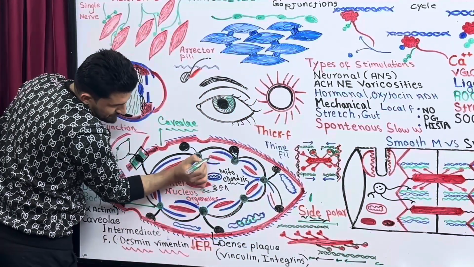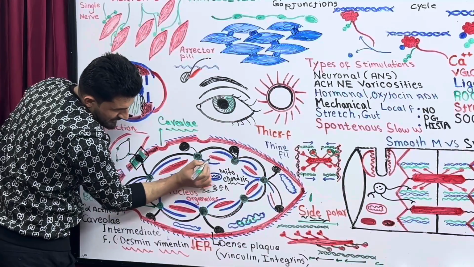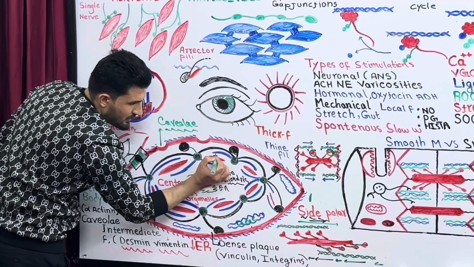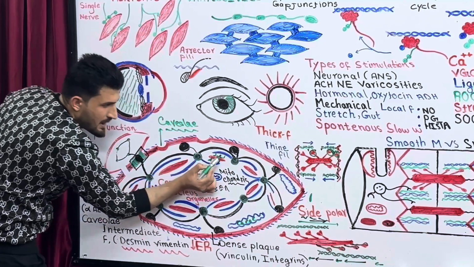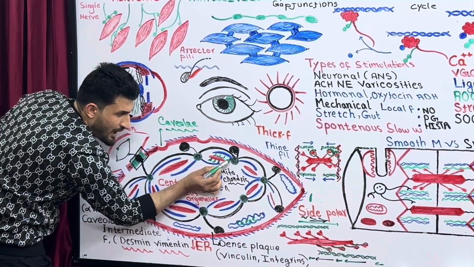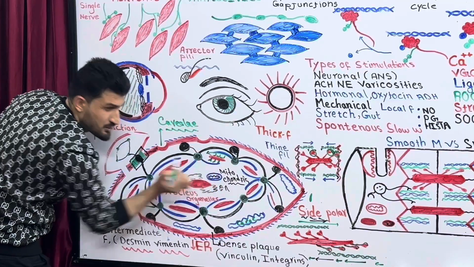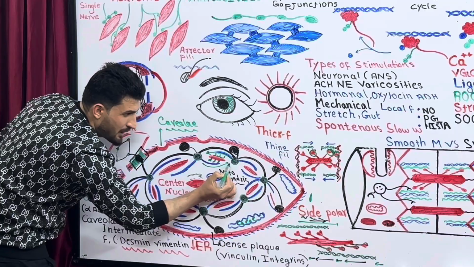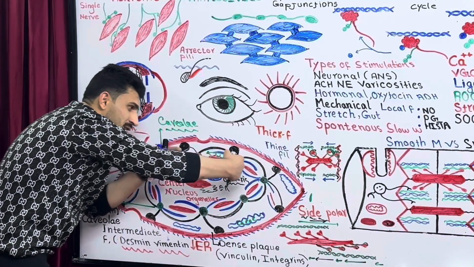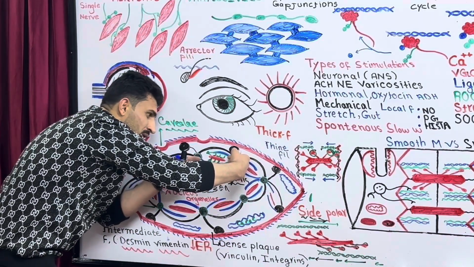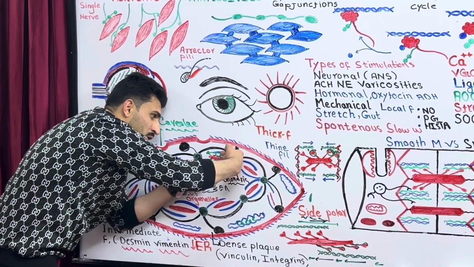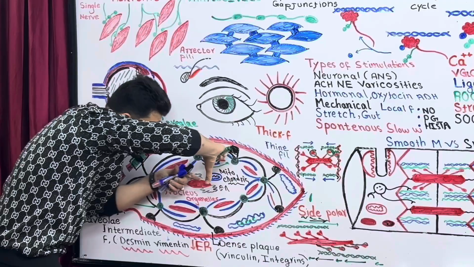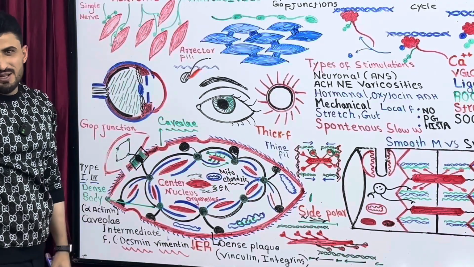For example, this is a thin filament. Okay, now here these are heads of myosins, and here also these are heads of myosins. Now these heads of myosins try to bring this thin filament in this direction, and these heads of myosins try to bring the thin filament in this direction, and collectively these two dense bodies will come so near to each other and cause shrinking of the smooth muscle.